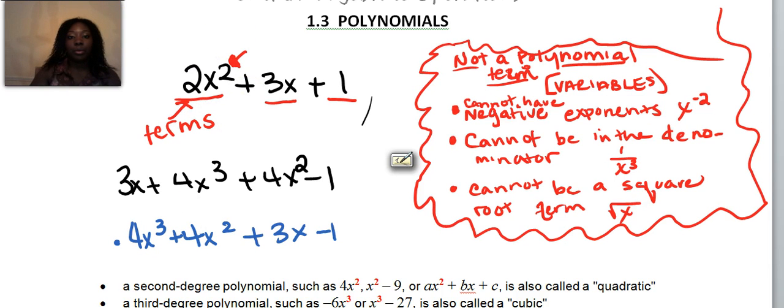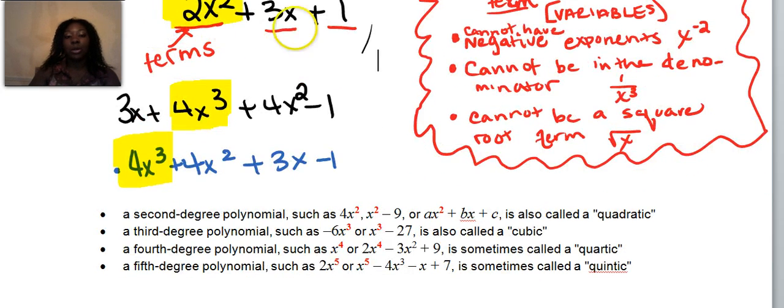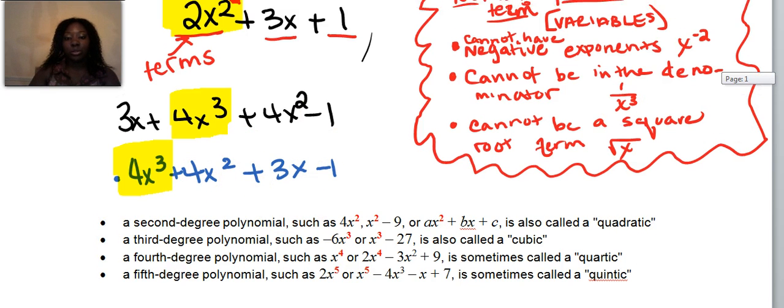This one has the biggest exponent cubed, so this would be a third degree polynomial. We also name them by the number of terms. This has 3 terms, and this is a third degree polynomial and it has 4 terms.